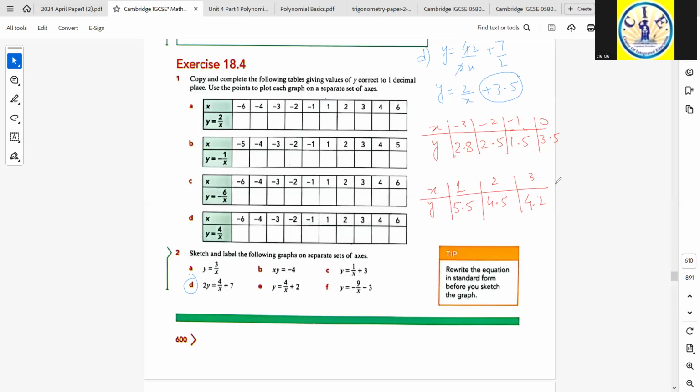And we can sketch it as we have been doing previously, like taking the y-axis, then the x-axis, and then labeling them. 1, 2, 3, -1, -2, -3.